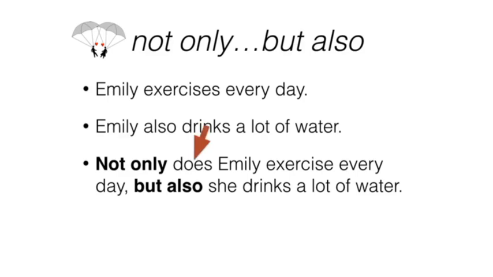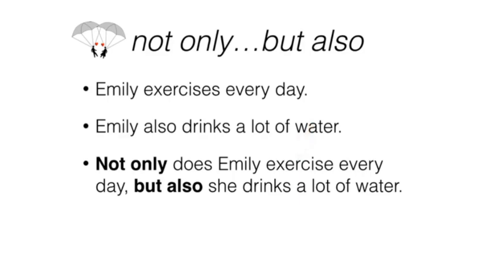You notice that we need a helping verb, in this case, does, because the verb exercises is in the simple present, third person singular form. Then comes the subject, and finally, the base form of the main verb.